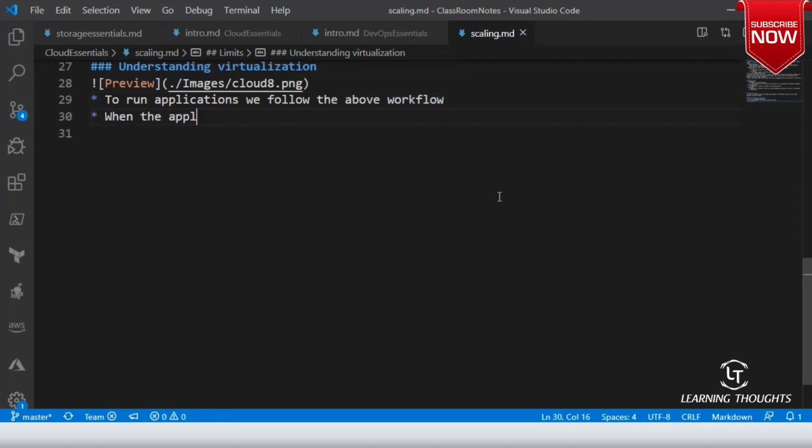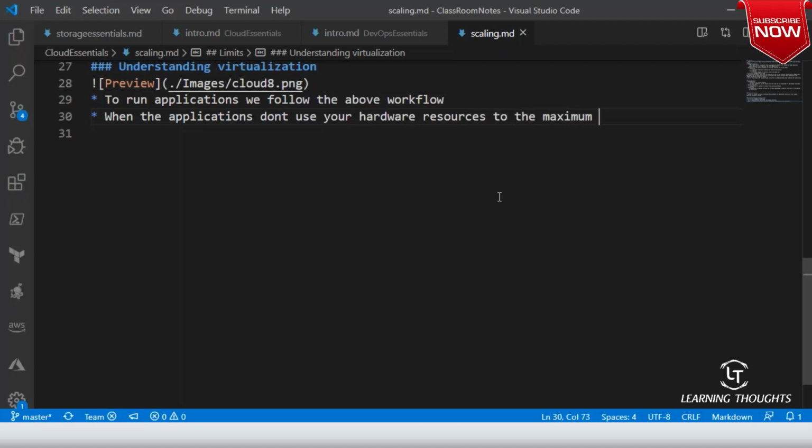So when the applications don't use your hardware resources to the maximum potential, it's waste of cost.